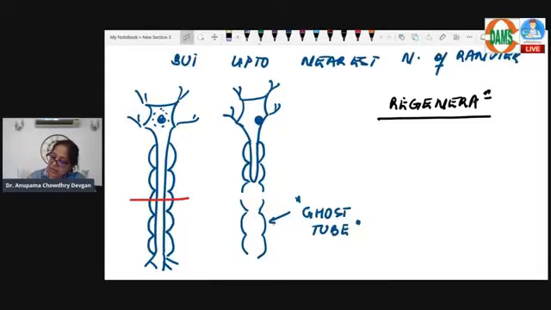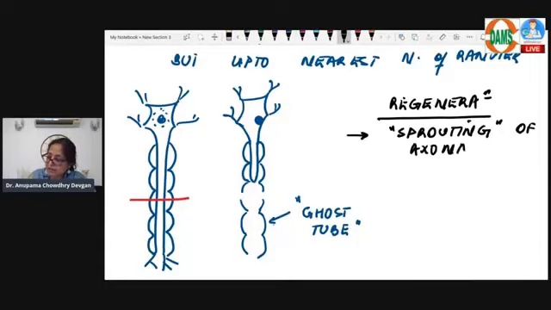The first thing which happens is there is a sprouting of the axonal stump which is seen.